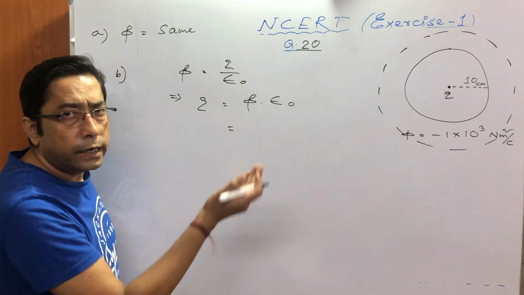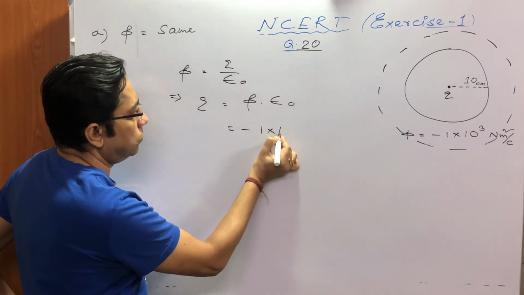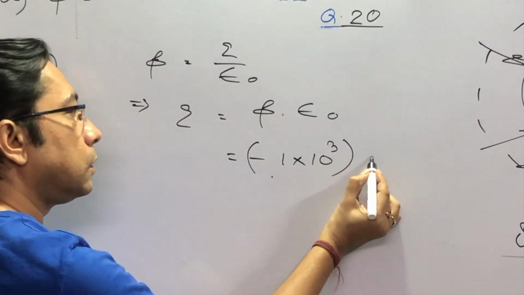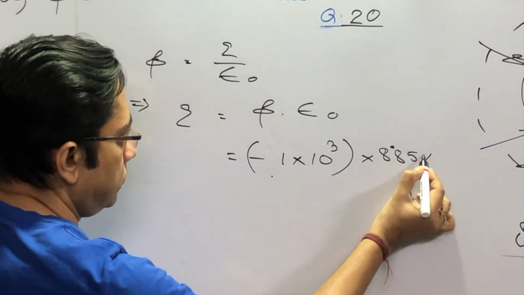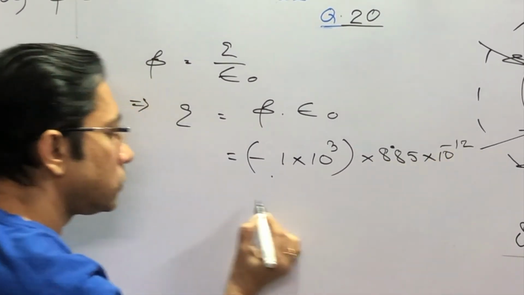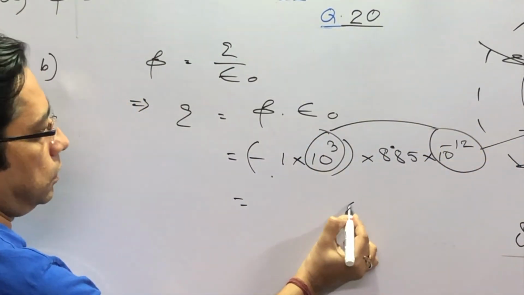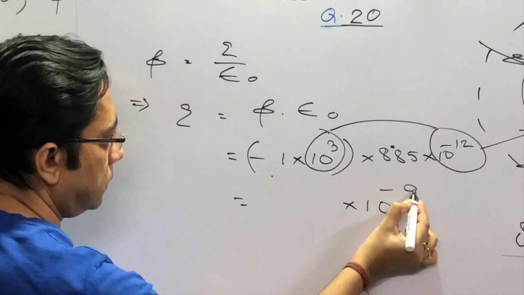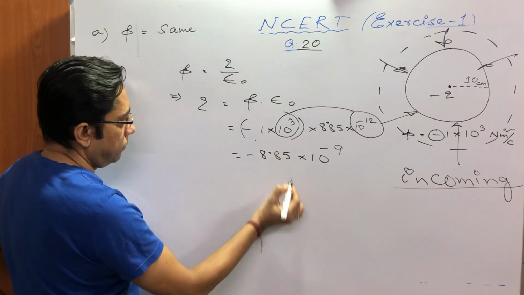You can take the negative sign also. If you take the negative sign, it would be minus 1 into 10 to the power 3, then also it will come negative, times 8.85 into 10 to the power minus 12. So this 10 to the power 3 and 10 to the power minus 12 will make 10 to the power minus 9, and 8.85. This much.